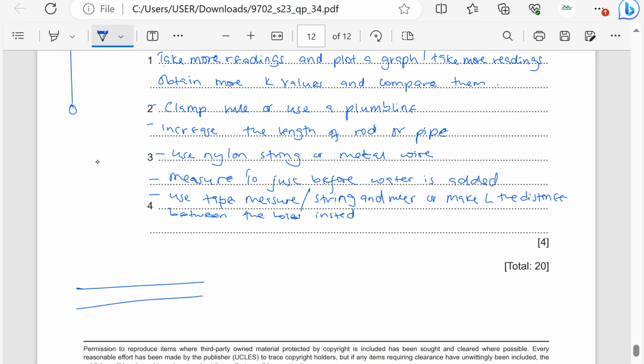So instead of taking L to be the distance from one end of the pipe to the other, the strings are attached here and here, you could instead make L to be the distance between the holes instead of being the length of the whole pipe.